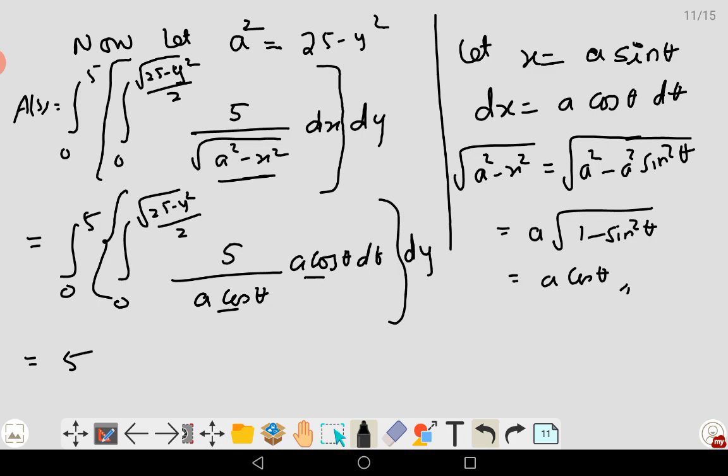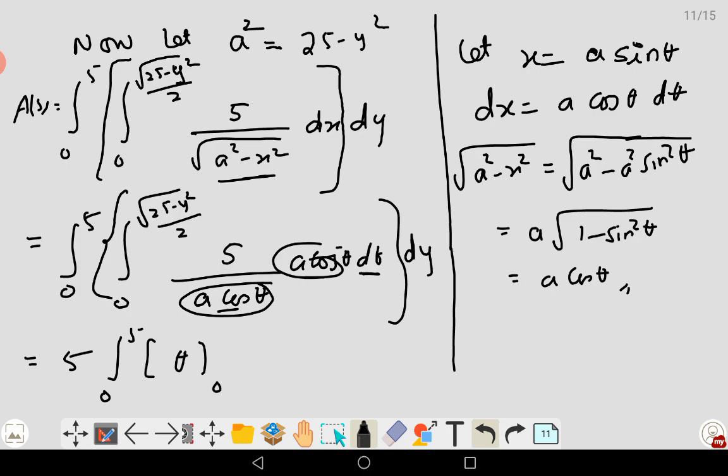What you get is 5 d theta. 5 is constant, keep the 5 outside. We have already done the integration, so you must know it is theta. So 5 is outside, the integral of d theta will be theta, and the limit is 0 to square root of 25 minus y square over 2.